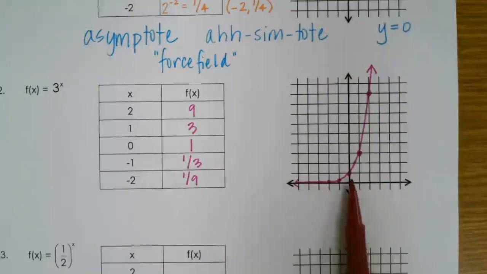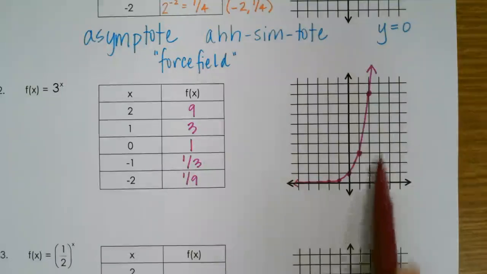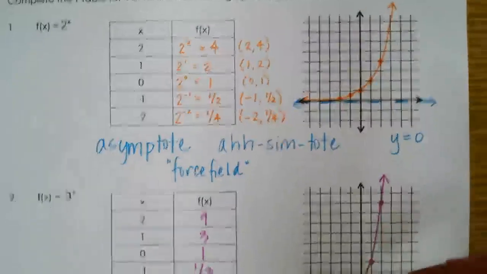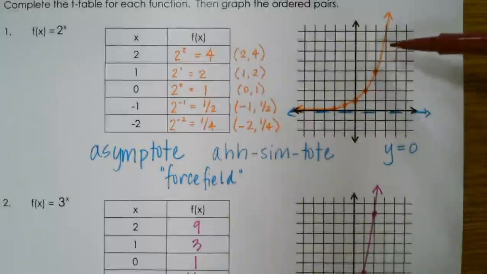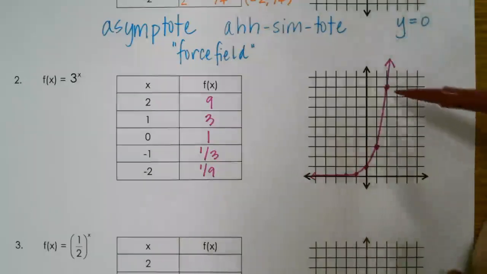So my first one is at 0, 1, then I go to 1, 3, then I go to 2, 9. The next one would be 3, 27. So it's actually a little bit steeper than the 2 to the x, which makes sense because this one is being multiplied by 3 each time. This one is being multiplied by 2 each time.